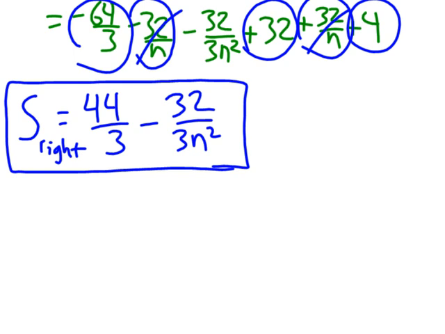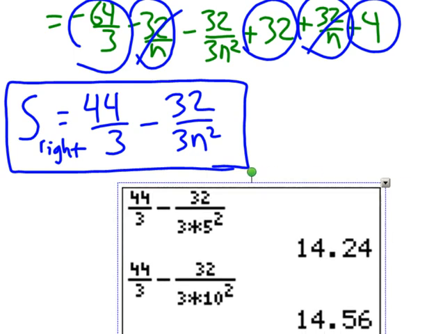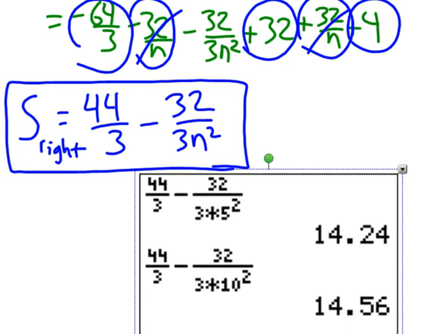And just to make absolutely sure that we understand what we've accomplished with this formula, let's plug in a couple values of n using our calculator. Let's calculate a couple values of our right sum for n equals 5. That's just an arbitrary choice of mine. So I plugged in n equals 5, and I got 14.24. Then I plugged in n equals 10, again arbitrarily, and got 14.56.